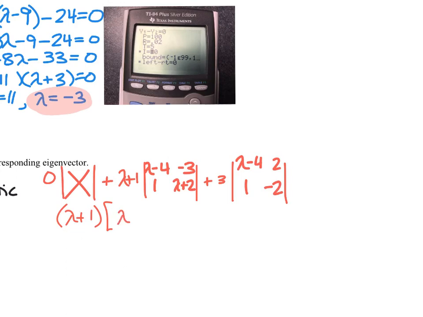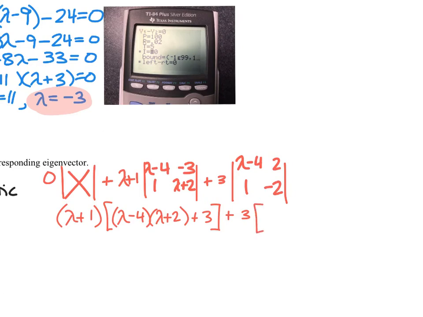So lambda minus 4 times lambda plus 2, then minus a negative 3, so plus 3. Then I'm going to have plus another 3, but this time multiplied by, I'm going to do 2.